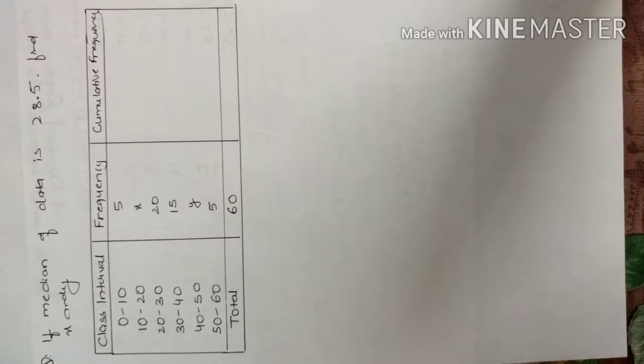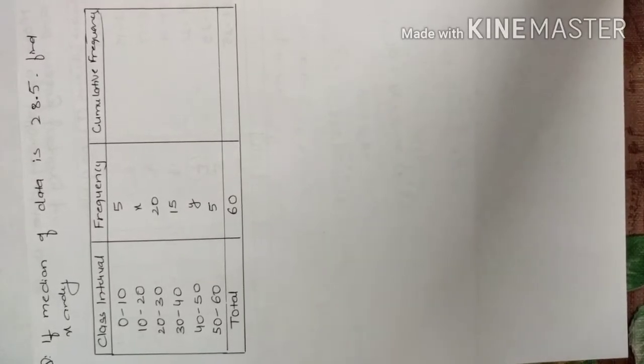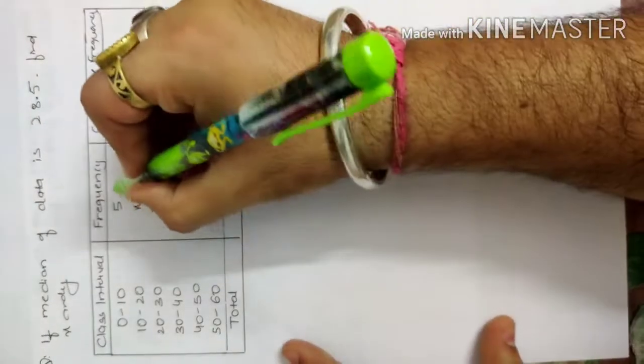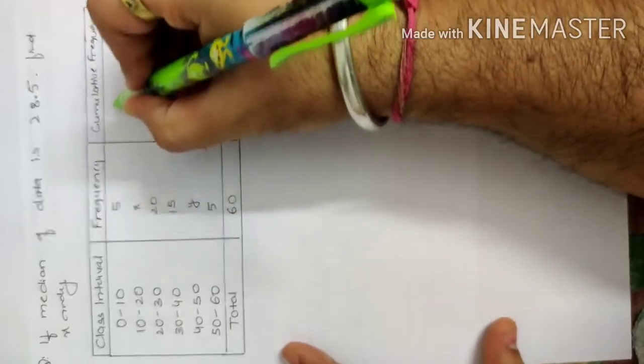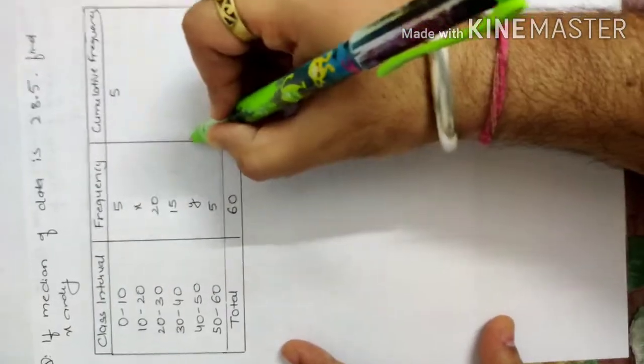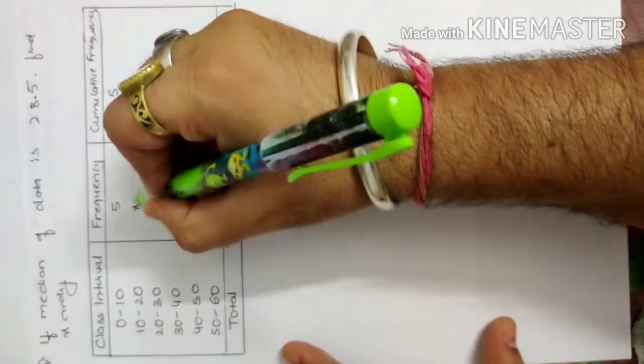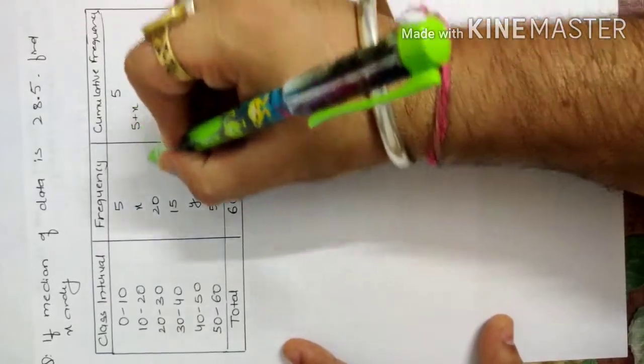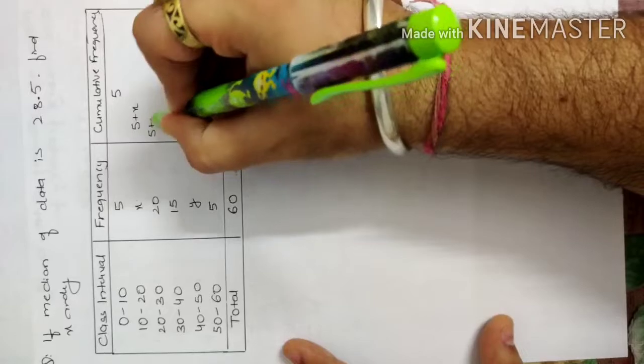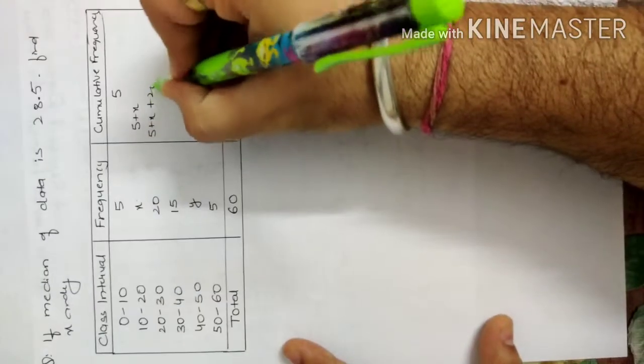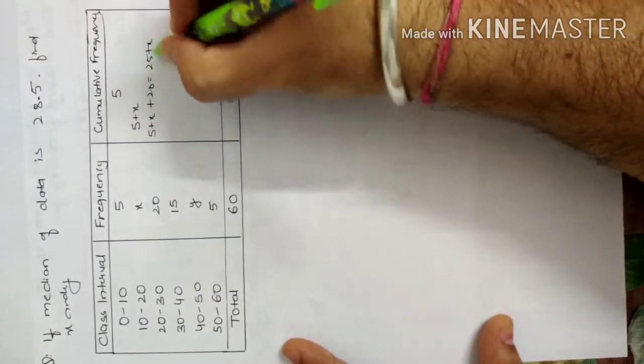The very first thing that we need to do is calculate the cumulative frequency. The very first frequency and cumulative frequency are the same, 5. For the next CF, 5 plus x. Next CF will be adding 5 plus x with this 20, this will be 25 plus x.